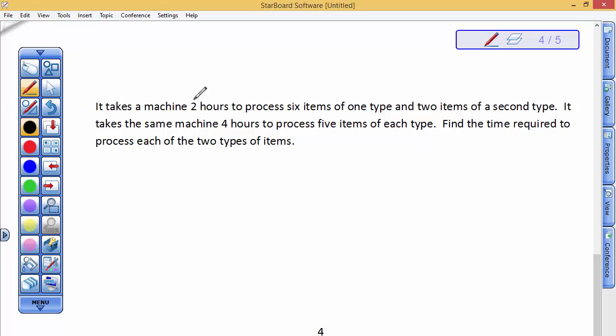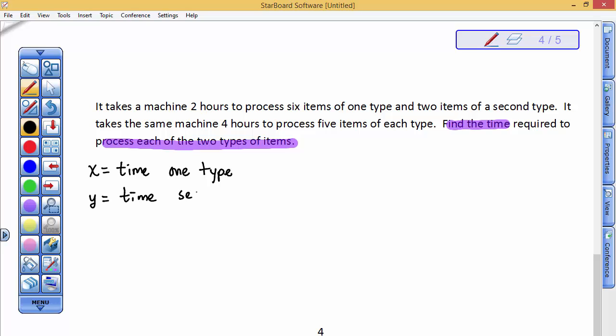It takes a machine 2 hours to process 6 items of one type and 2 items of the second type. I'm going to go down to the last sentence. Find the time required to process each of the 2 types. So let's let X represent the time for, I'm going to call it 1 type, and let's let Y represent the time for the second type.